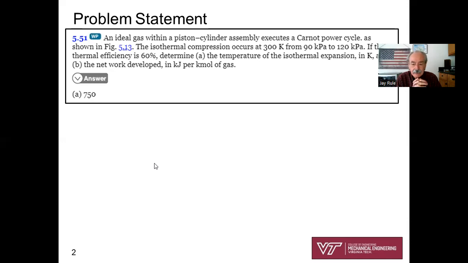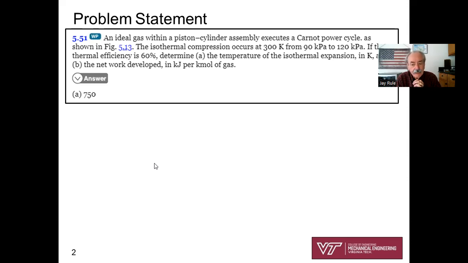It says the thermal efficiency is 60%. Determine two things: A, the temperature of the isothermal expansion in degrees K, and B, the net work developed in kilojoules per kilomole of gas.